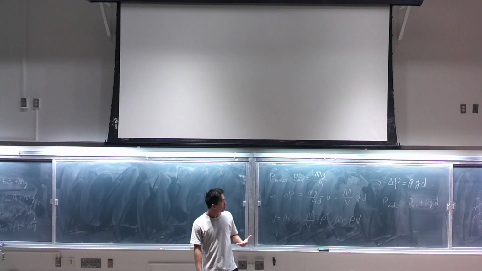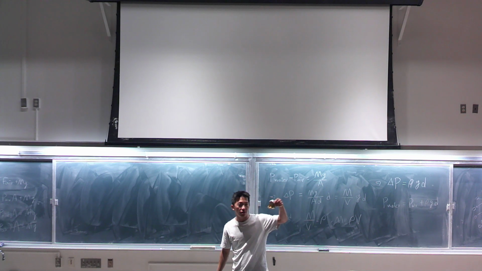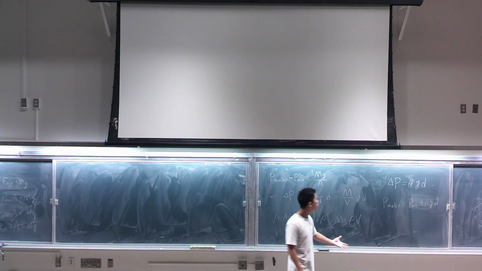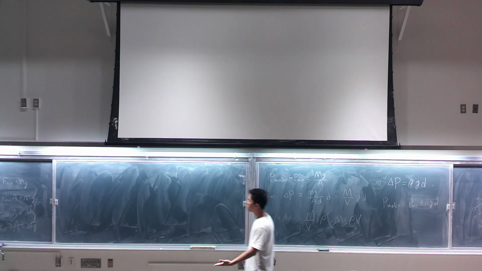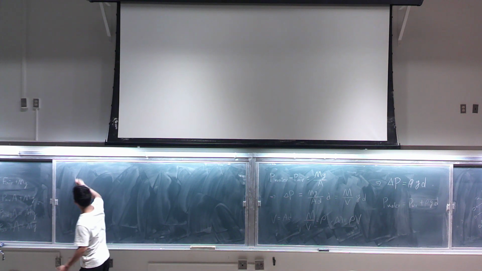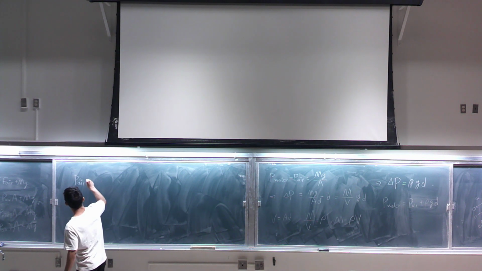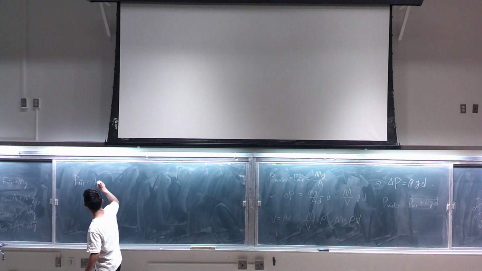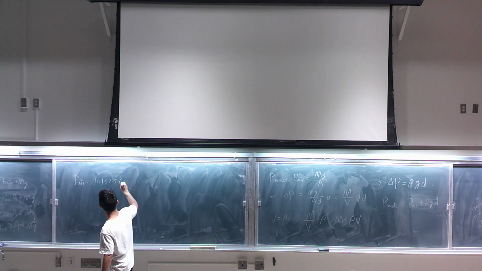So we said this air is pushing the can right now. And if you measure the pressure, the amount of pressure here on Earth is about 101325 Pascal.